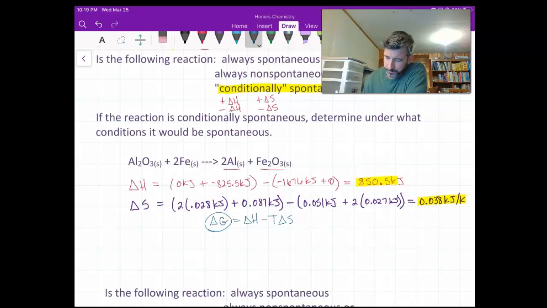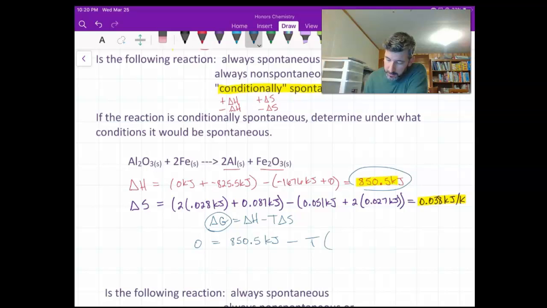So if we want delta G to be 0, then 0 equals, in this case our delta H was 850.5 kilojoules, and then minus T, because that's what we're trying to solve for.